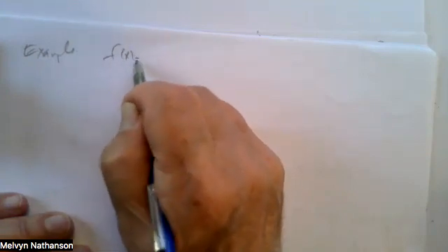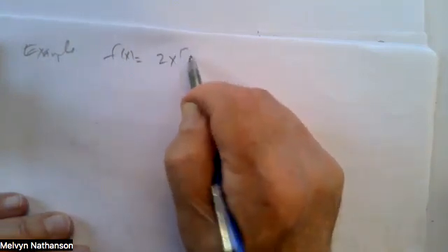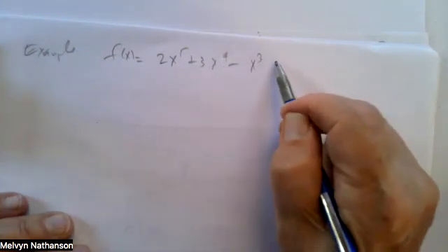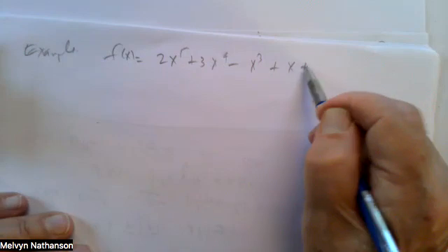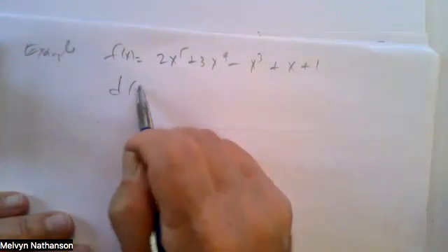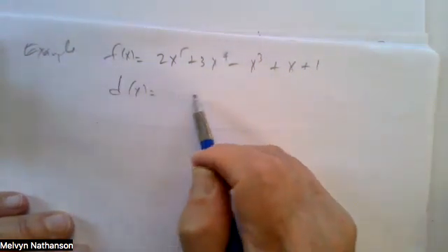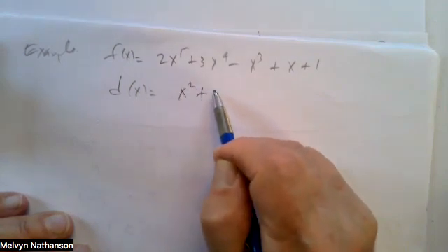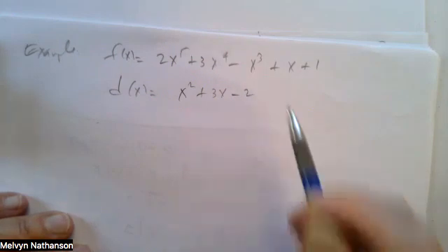Suppose I have f of x equals 2x to the fifth plus 3x to the fourth minus x cubed plus x plus 1, and d of x is x squared plus 3x minus 2.